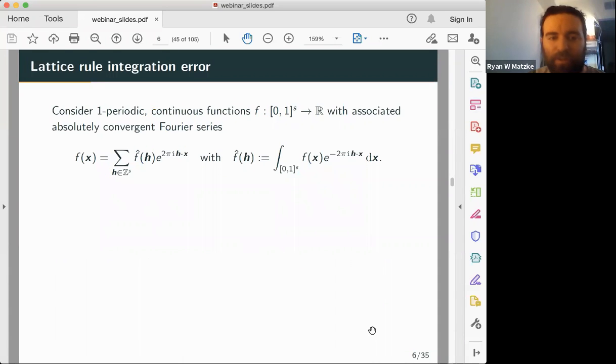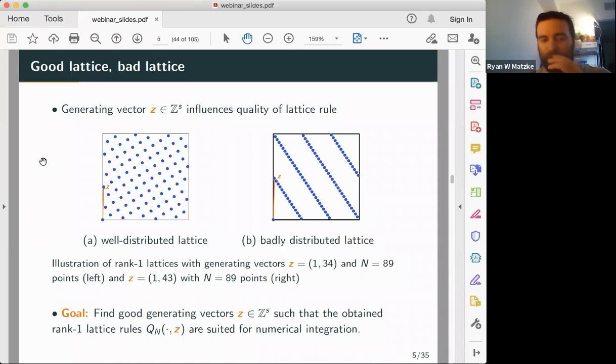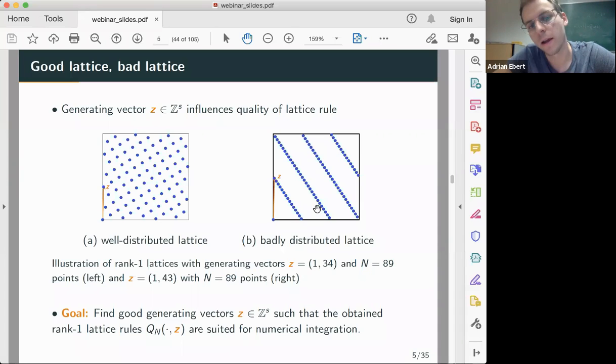Adrian, can I ask a quick question? Yeah. So when you're saying well distributed here, is there a certain technical definition, or are you just referring to the general visual of them being well distributed? Well, if you have notions of discrepancy in mind, you can already see that this will probably give a lower discrepancy than this.